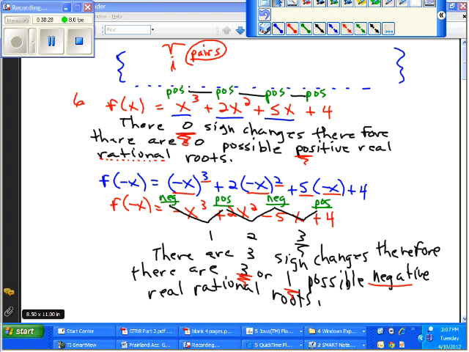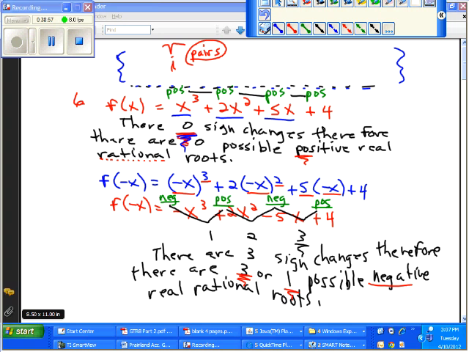Now, that tells me that there are 0 possible positives. So if I was going to choose from a list of roots that I had found by using the rational root theorem, and there's a bunch of positives and negatives, would you start by choosing a positive 1 or 2? No, because there are 0 possible positives. Why waste all your time with synthetic division on positive choices when you know that none of them is going to work?